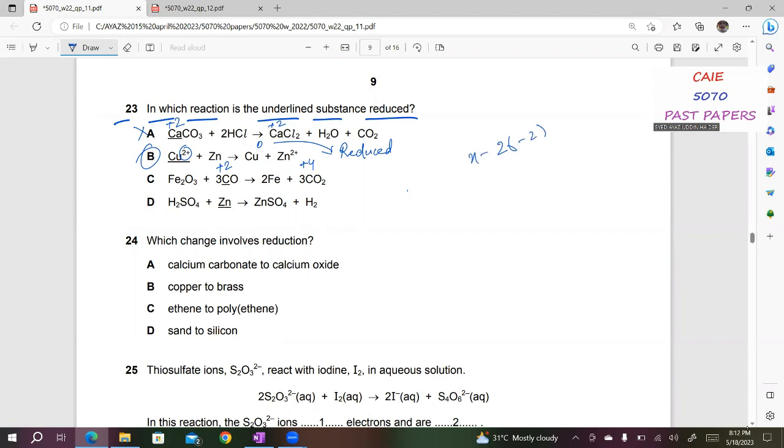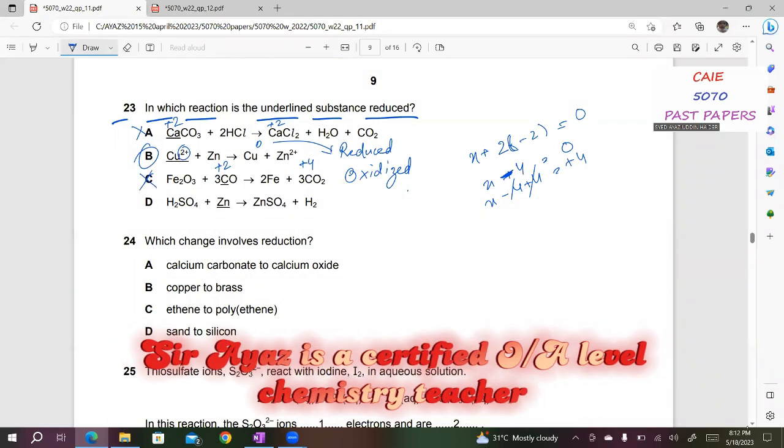If you take X as the charge for carbon, X minus 4 is equal to 0, so X is +4. So this is also wrong. Carbon is oxidized here. What about D?